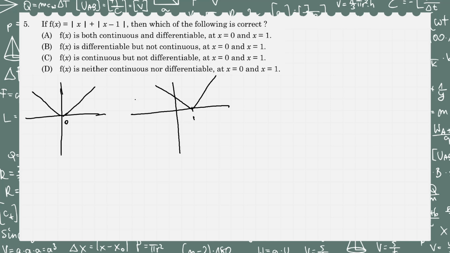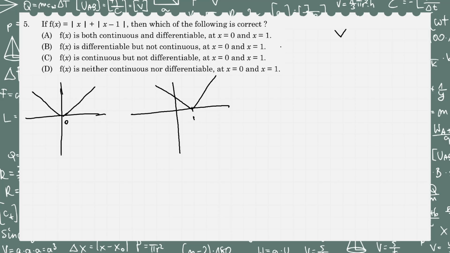But about the differentiability, modulus x and modulus x minus 1 both are not differentiable, especially when the curve takes a sharp turn. Wherever the curve takes a sharp turn, where a V-shaped turn is happening, the curve usually won't be differentiable at that particular point.